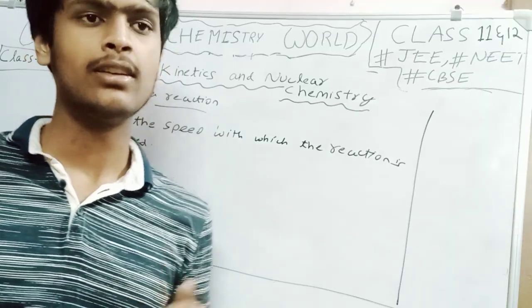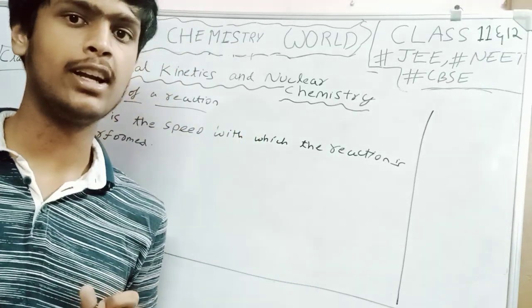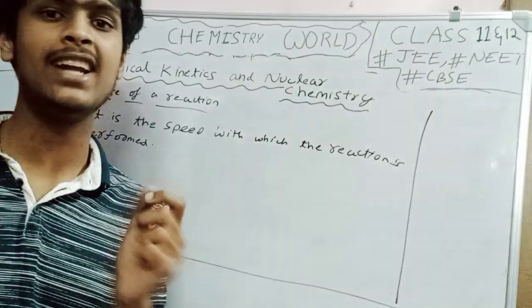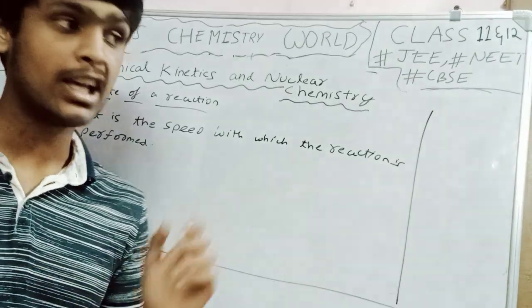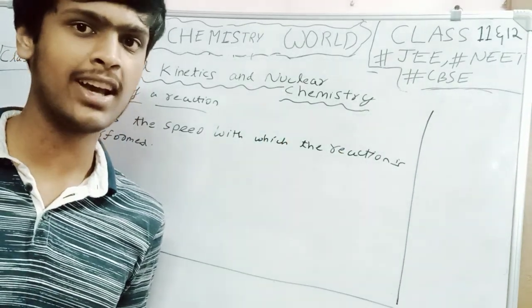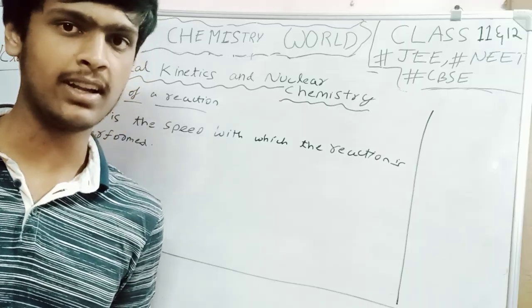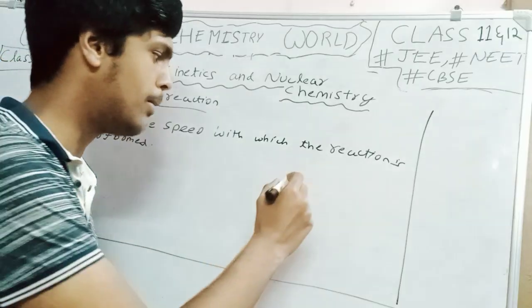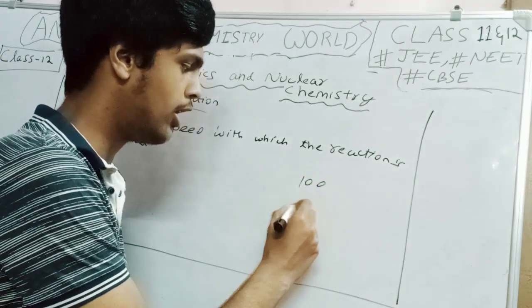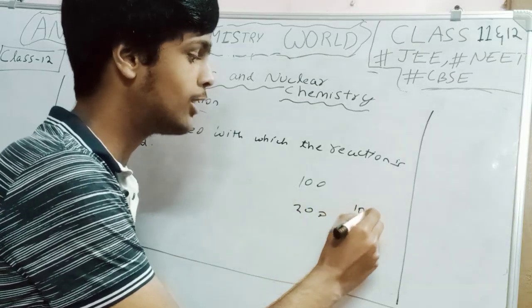The perfect example of a reaction that takes more time is carbon dating, where the decomposition of carbon occurs in an organism or any kind of organic matter, taking around 100 years or 200 years or sometimes even 1000 years.